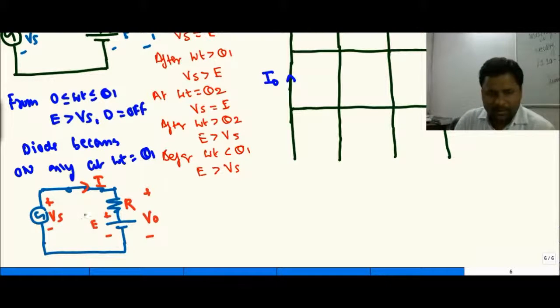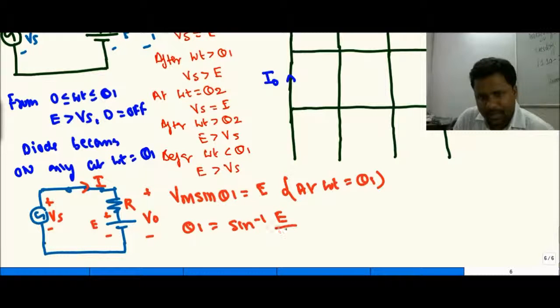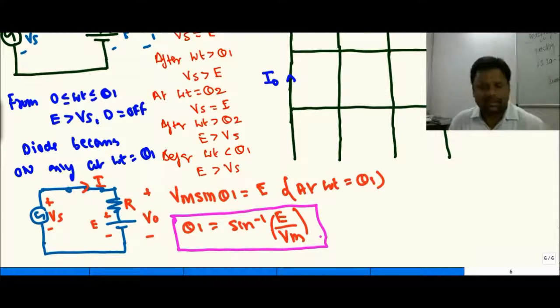Now if we make the loop, Vm sin theta 1 equals E at omega t equals theta 1. To calculate theta 1, it should be sin inverse of E by Vm. At this angle the diode starts conducting, so theta 1 equals alpha, the angle where the diode starts conducting.